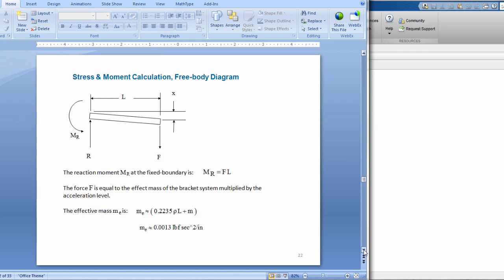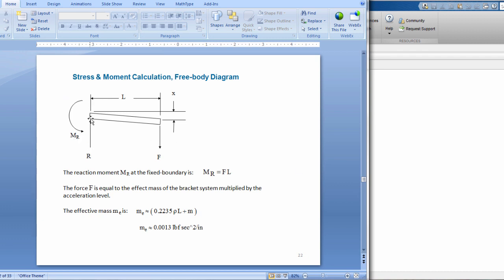But we're going to do an oversimplification here and do an equivalent static loads analysis. Actually, it's going to be an equivalent mass representing both the beam mass and the point mass. We're going to take that equivalent mass, multiply it by acceleration, and multiply it by length, and that is going to give us our reaction moment.